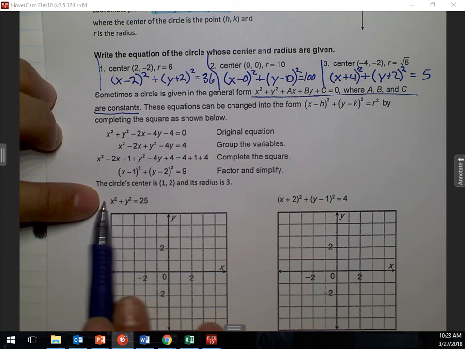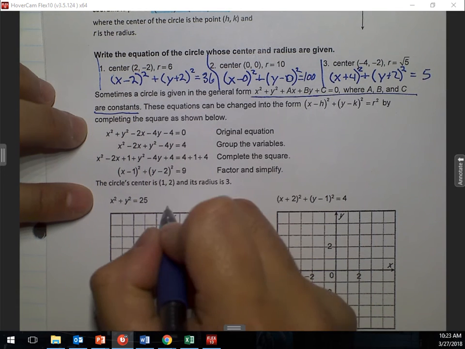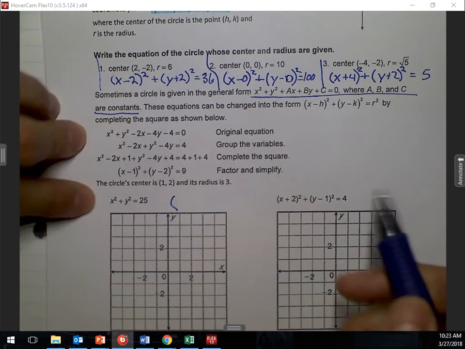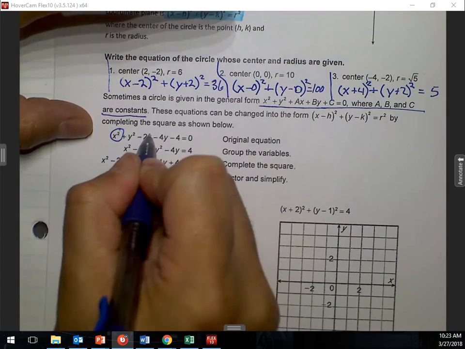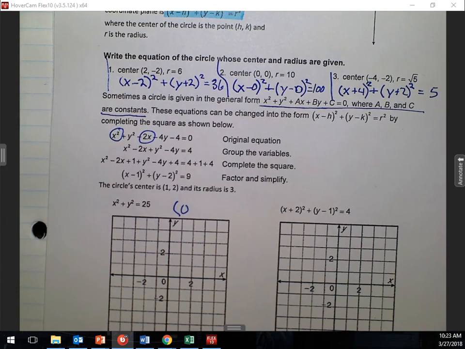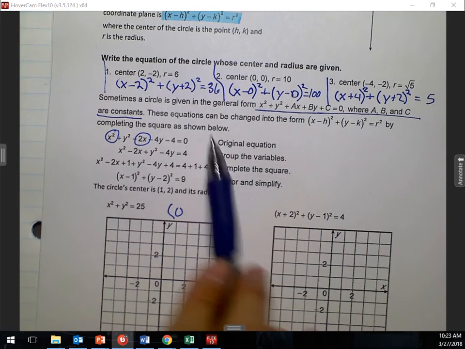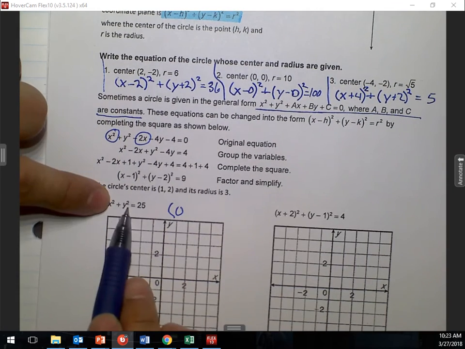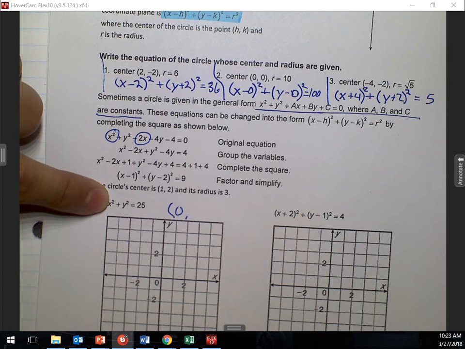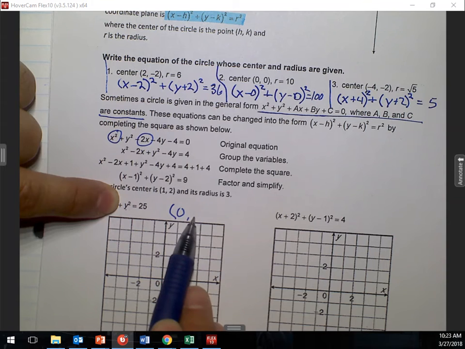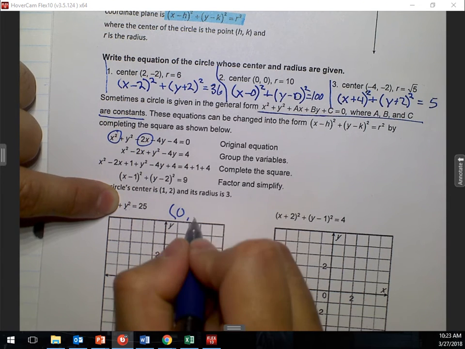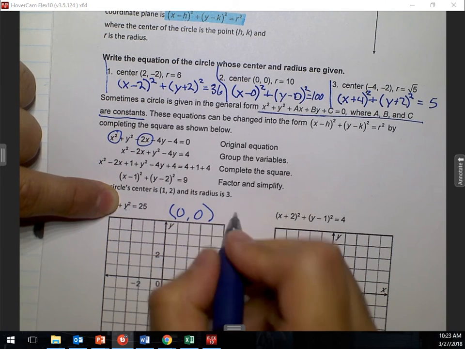No, there's no other x's, is there? If there's no other x's, my center is going to be at, look at this. Does this one have any changes here? Look at the y value. Is there any more y's? If there's no more y's, what's going to be this number? 0.